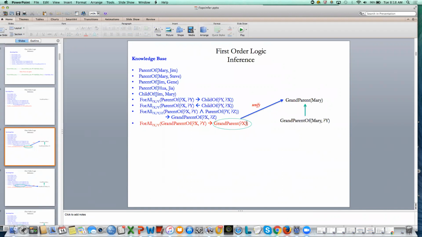And in this case, it will unify. We can bind X to Mary, and then substitute Mary in for X. And those two statements are now identical. We can apply that substitution throughout the rule, and so X is bound to Mary, Y is not bound to anything.